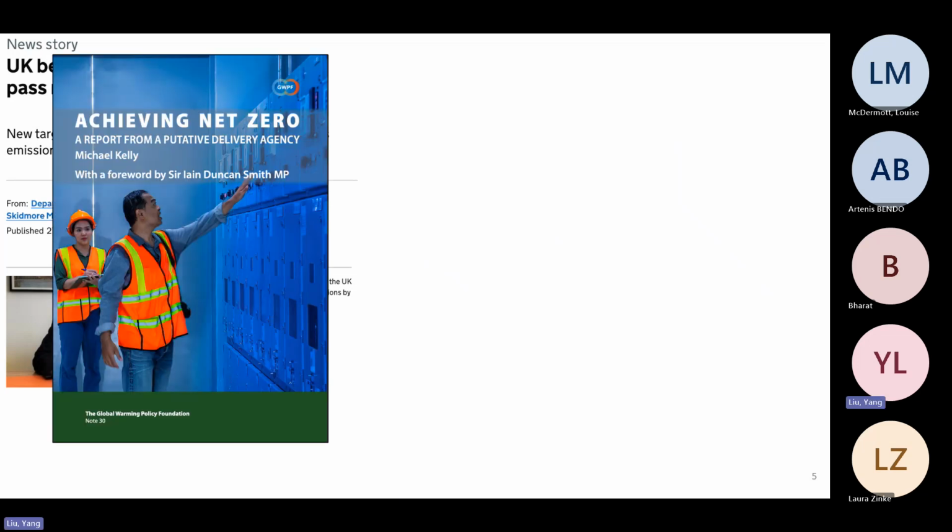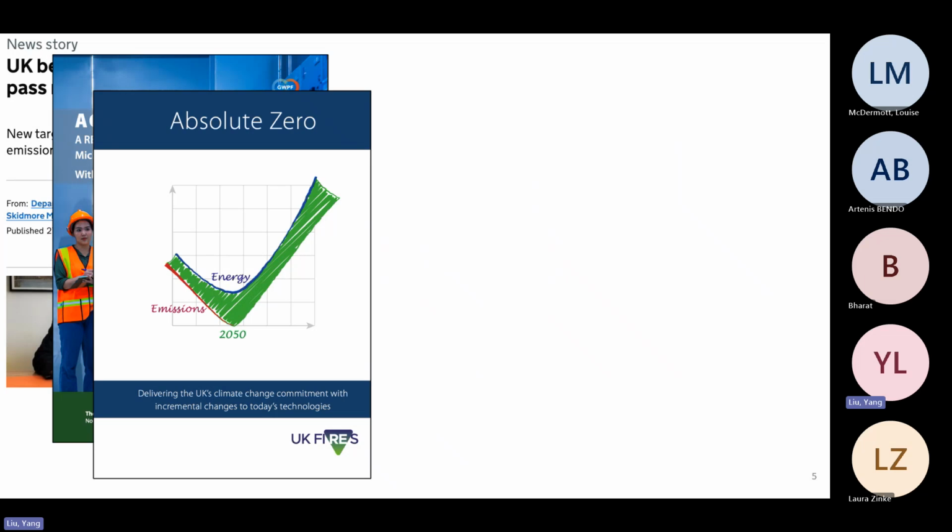And regarding the later rationale analysis with respect to the suitability of actually going to net zero and the rationality of doing this properly, lots of reports have been done to investigate this. There's a report called Absolute Zero by UK FIRES.